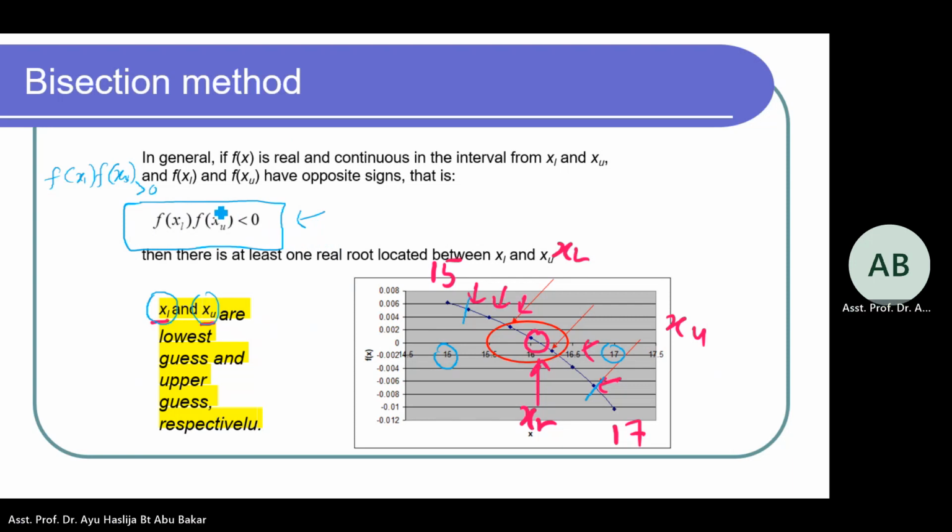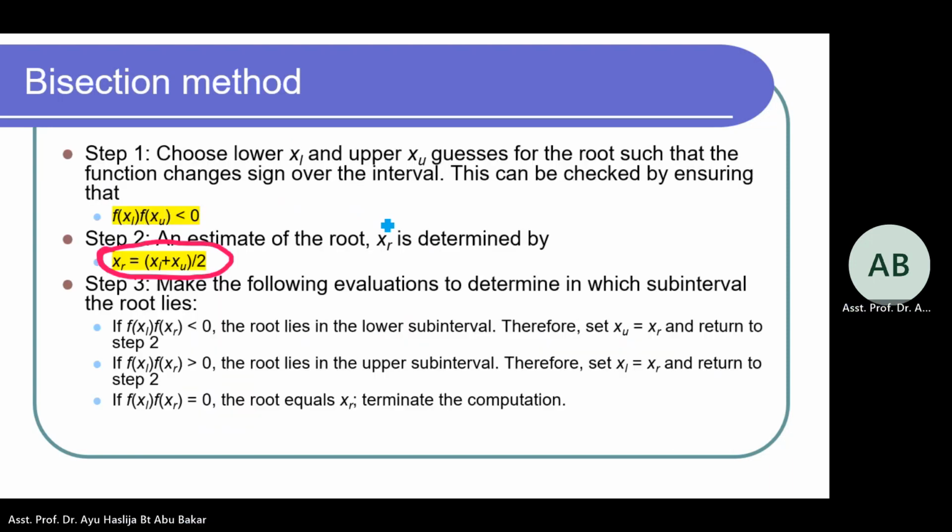Okay, FXU over here, because later on you will see FXL multiplied by FXR. Okay, this is the first requirement for bisection. Now once you have the XL and XU, you check this. If checked, negative value, then the root exists.